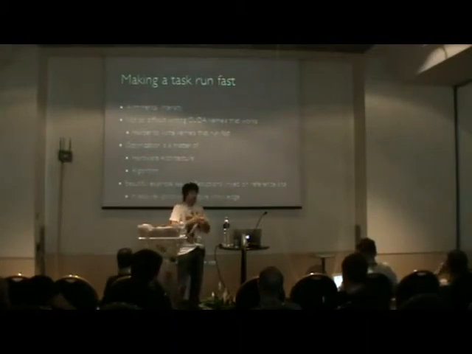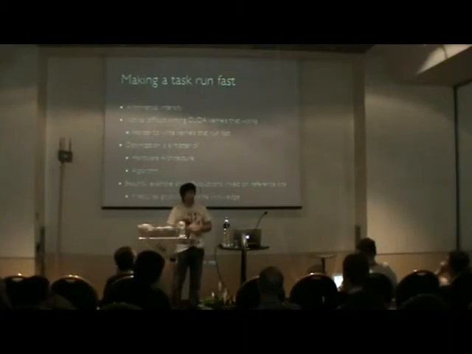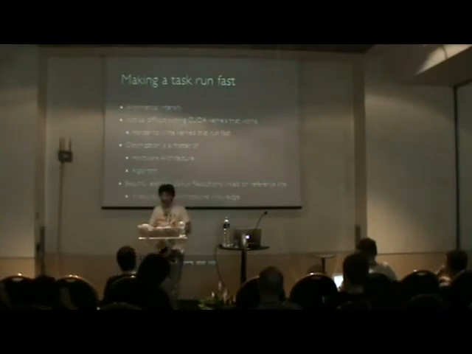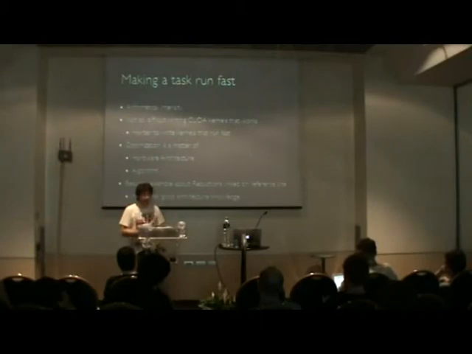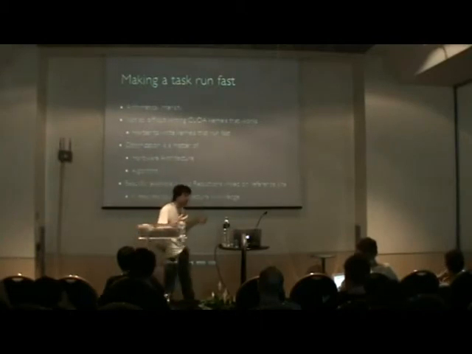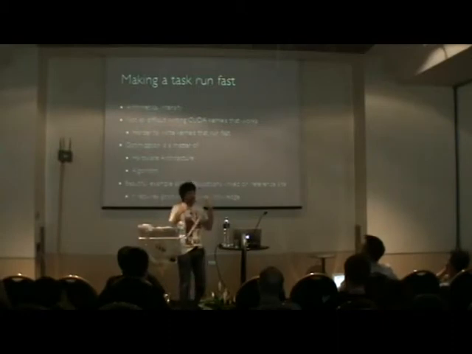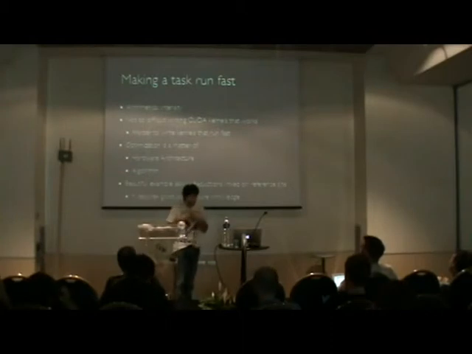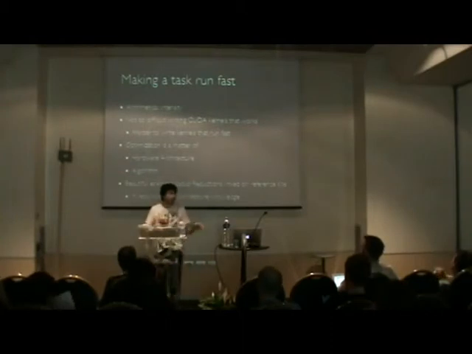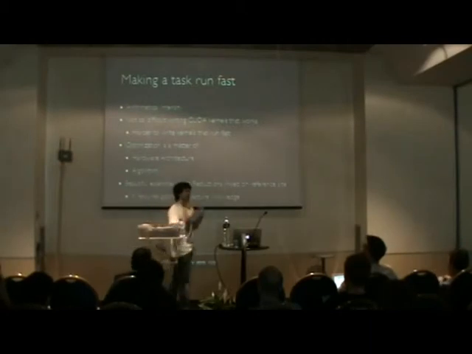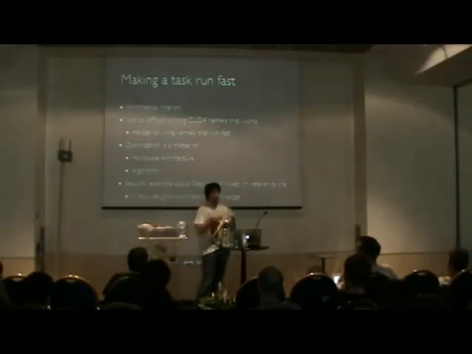A good work of this kind is done by Mark Harris. Mark Harris works at NVIDIA, and he made, in my opinion, one of the most beautiful works on CUDA optimization. It shows how you can take a reduction operation.